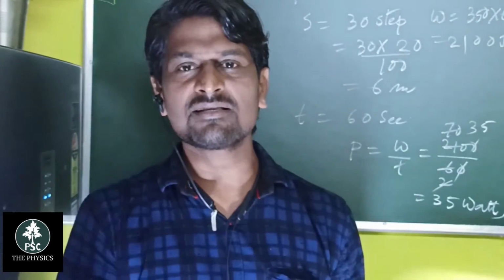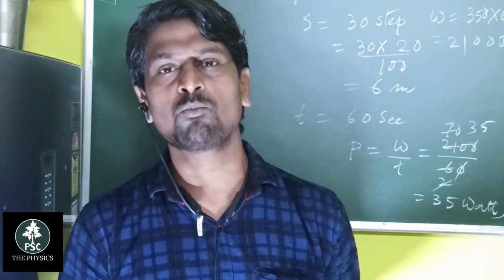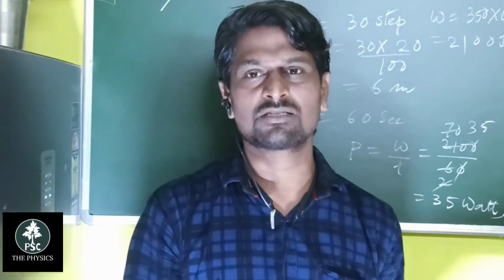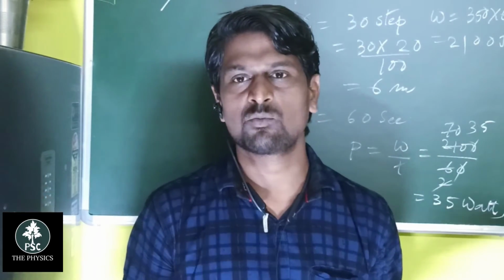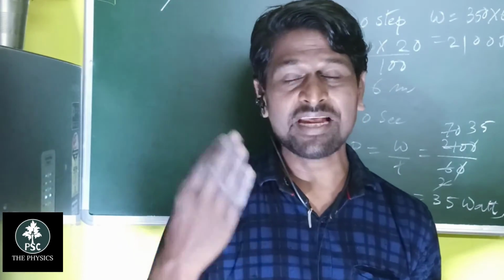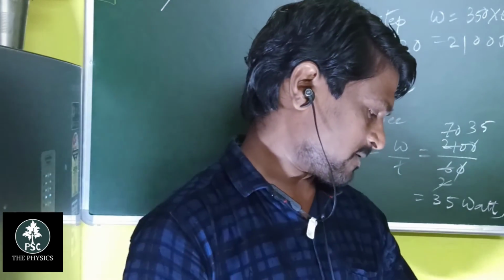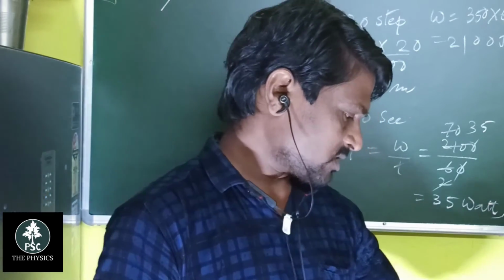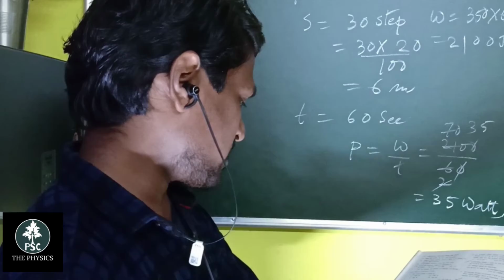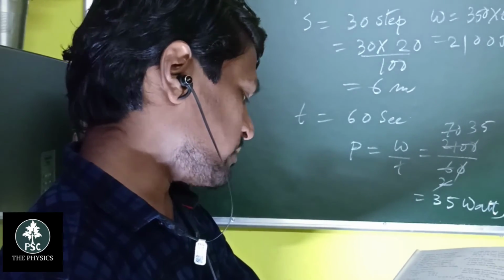So all the numericals are given with some specific formula, that is W equals Fs cos theta, where theta is the angle between the force and the displacement, and the related one is power. What is the power? Power is the work done per unit time. So here students, the power in horsepower, a different unit is used here.